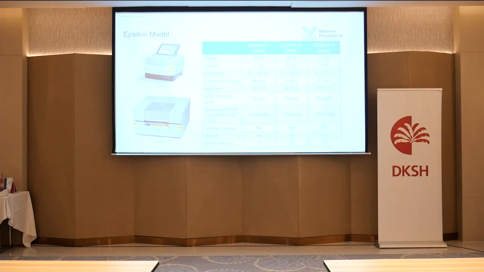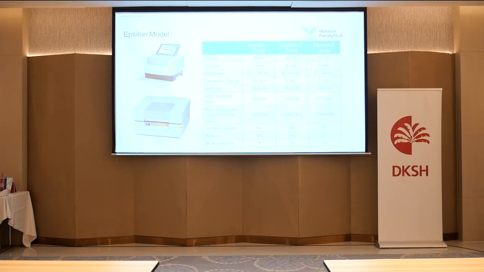So this is the model that we have. Epsilon 1 is the entry, lowest kind of model, and then we have the Epsilon 4. And here also there are two versions. One is the 10 watt version, which is 2 milliampere, and the 15 watt version, which is 3 milliampere. And in the higher version, another difference is the detector area.